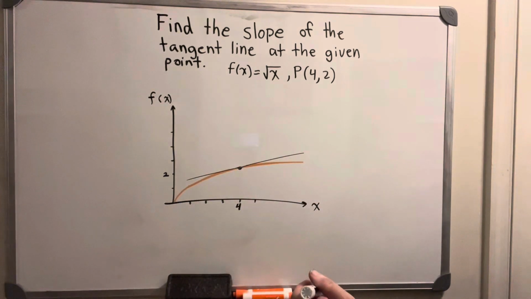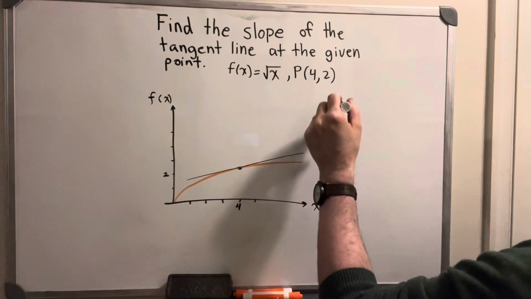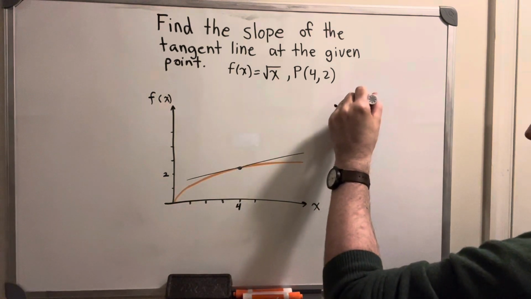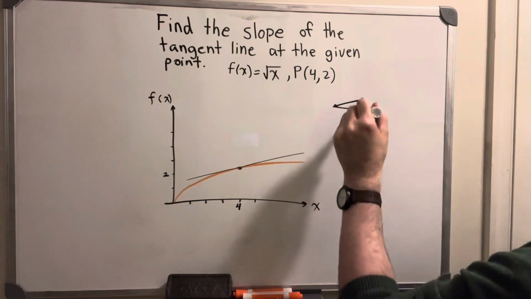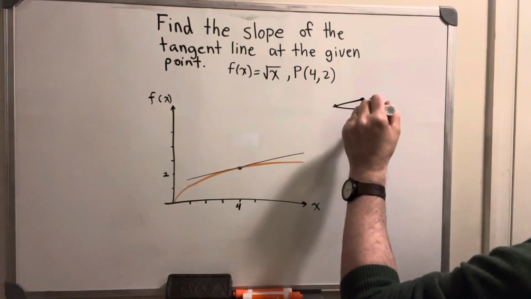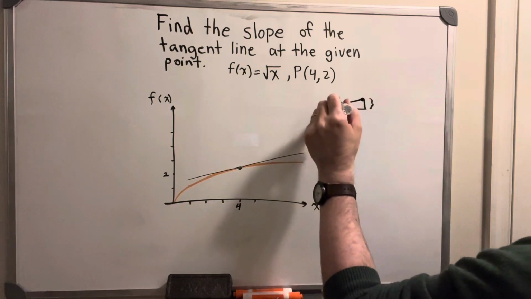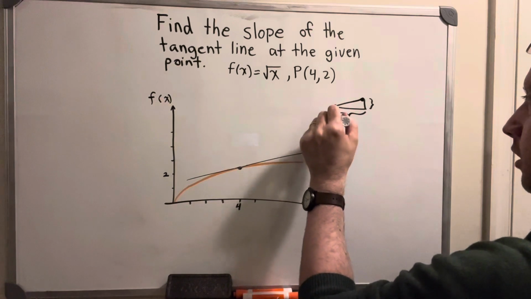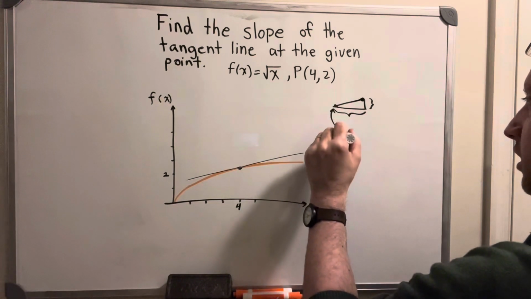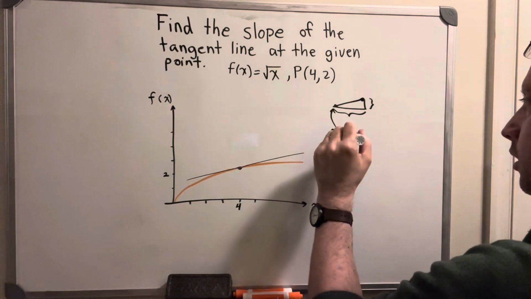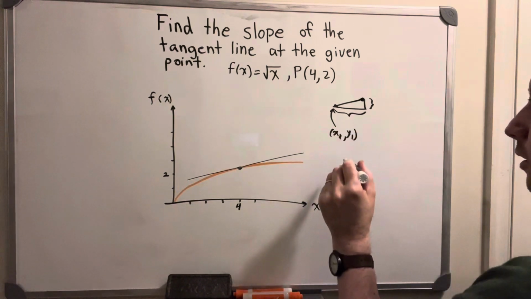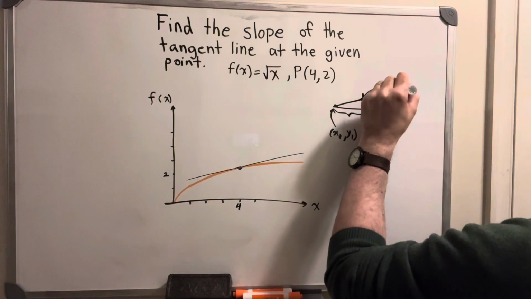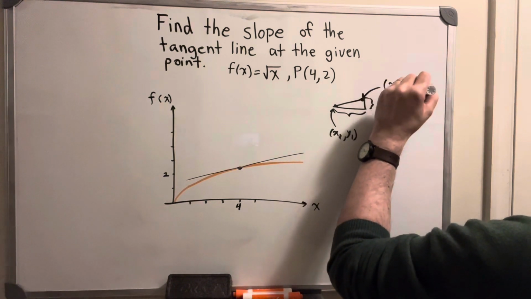The only problem is, you know the slope formula is, let's say you have 2 points right here, and you want to find out this distance, and you want to find out this distance. Let's say this point right here was (x1, y1), and this other point was (x2, y2).